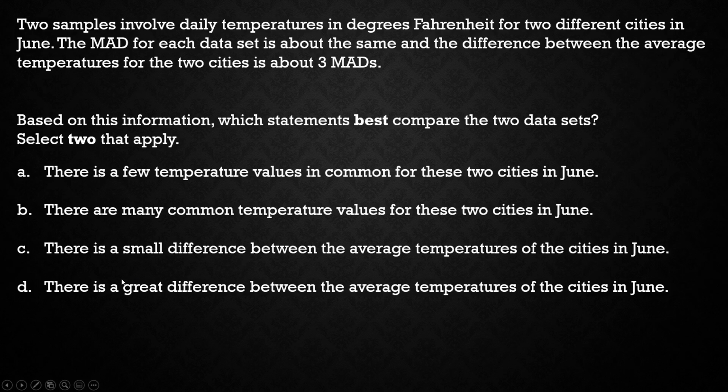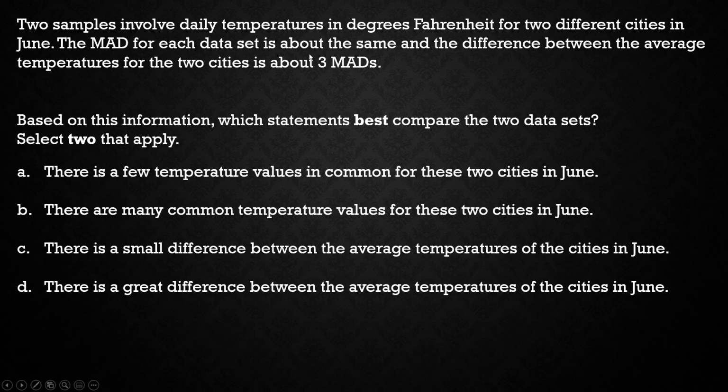So let's see. We want to, based off this information, select which statements best compare the two data sets, and we want to select two that apply. A says that there's few temperature change values in common for these two cities in June. Well, it says that two samples involve daily temperatures in degrees Fahrenheit for the two cities in June.